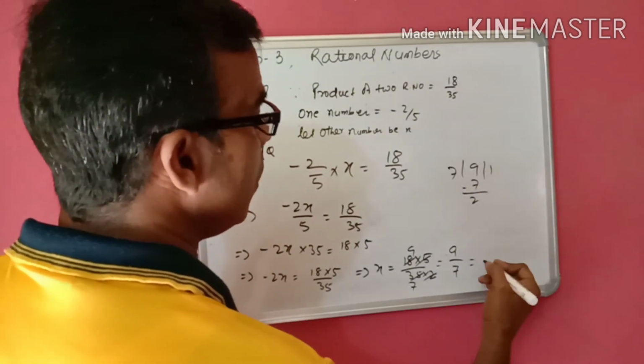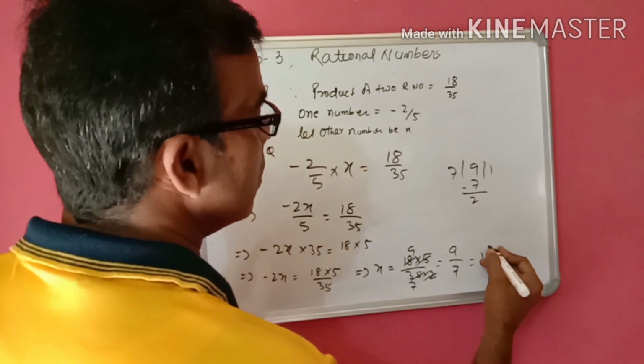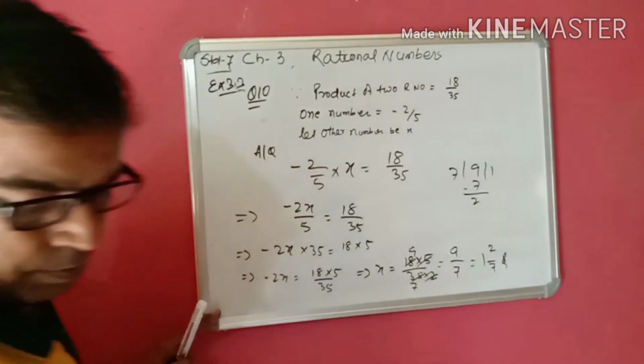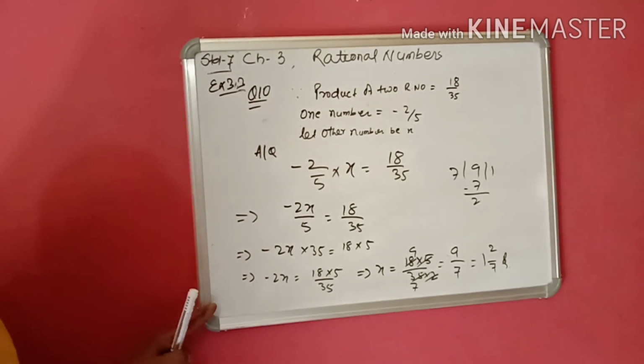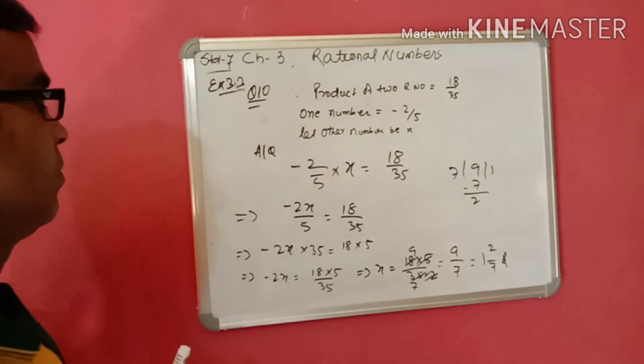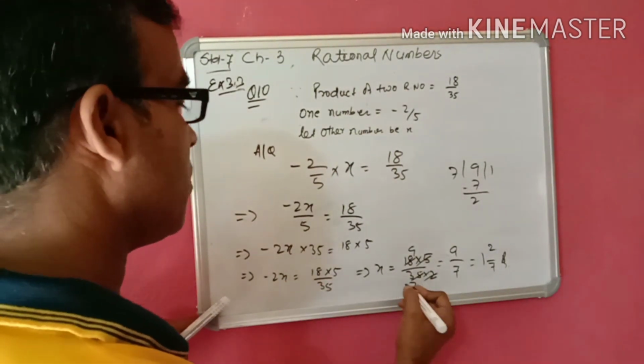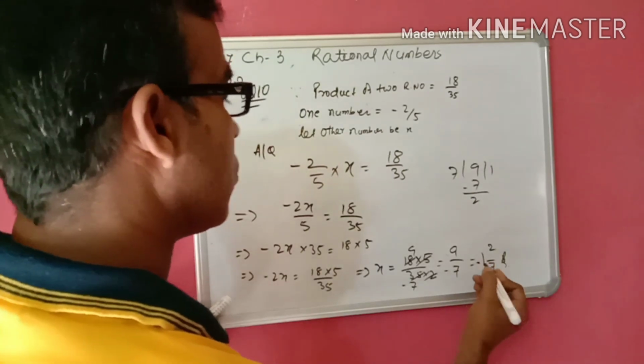So minus 1 whole 2 by 7, because this is minus.